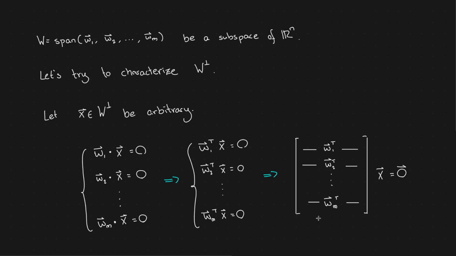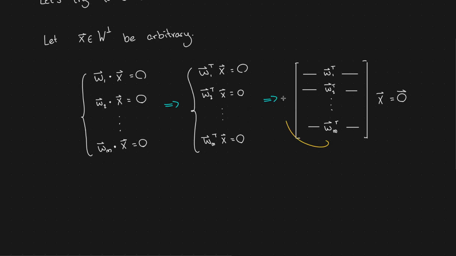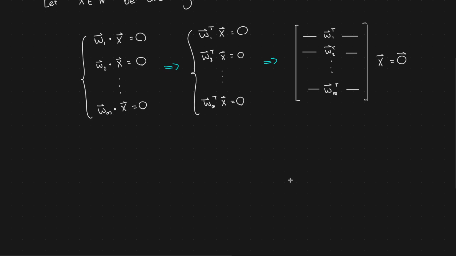So any solution to this system is going to be in W perp. Now, this is a homogeneous system of linear equations. The solution to this set is the null space of this matrix. So let's give this matrix a name. Let's call this matrix A.